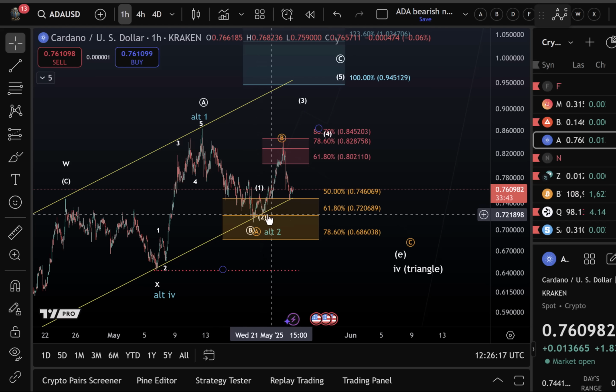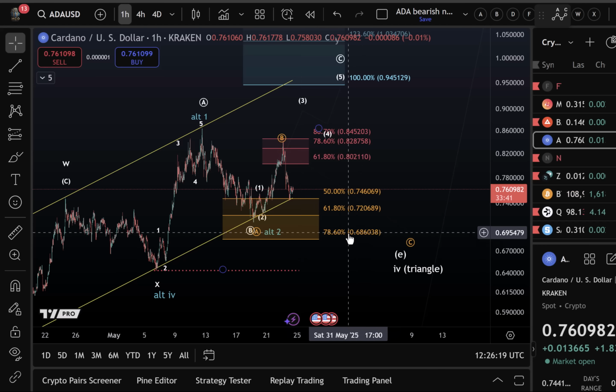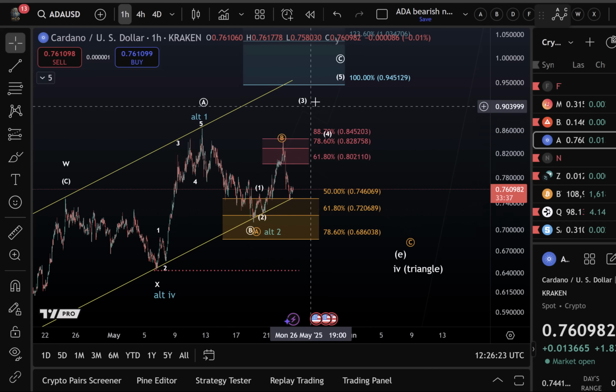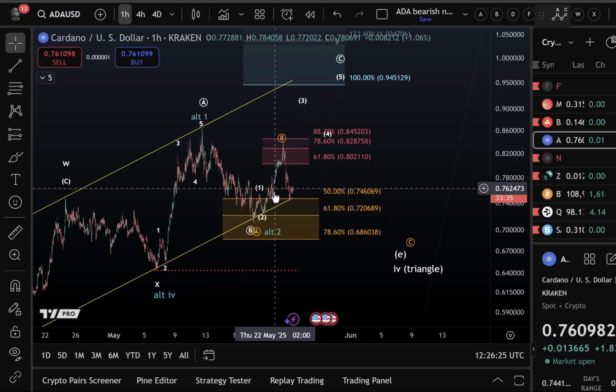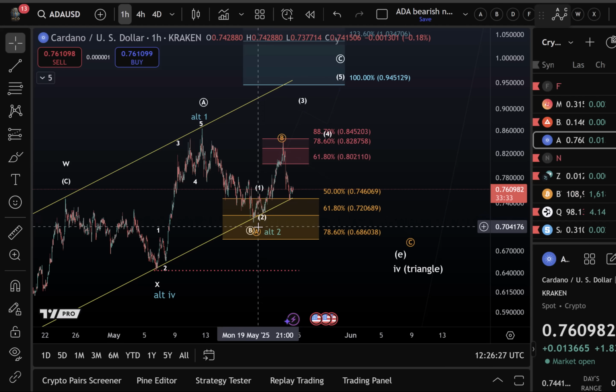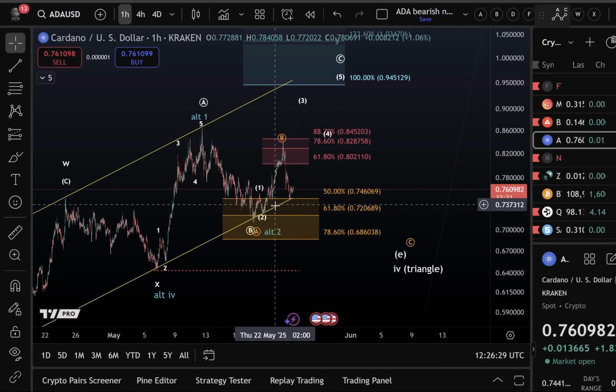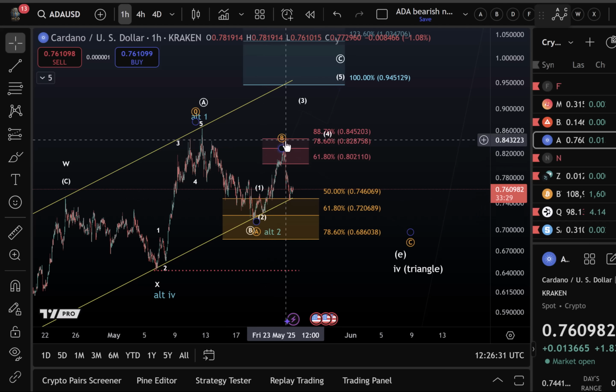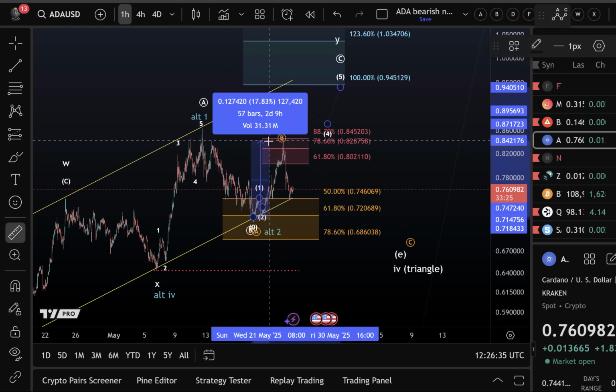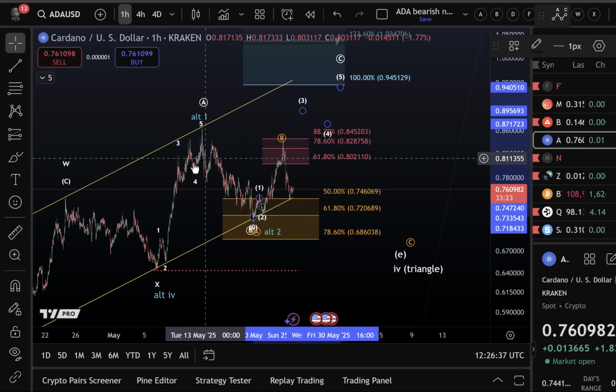We had a reaction to Fibonacci support between 68.6 cents and 74.6 cents. Yep, nice reaction to the upside. Absolutely. And the price rallied from round about 72 cents to 84 cents. That was a rally of around 18%.